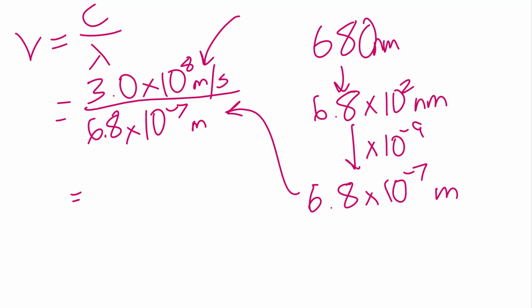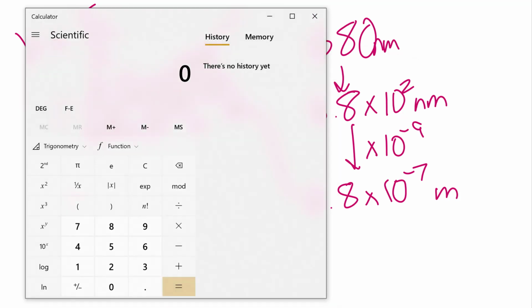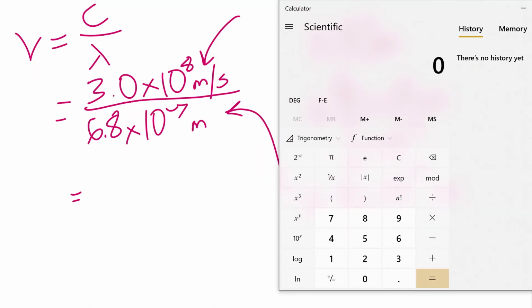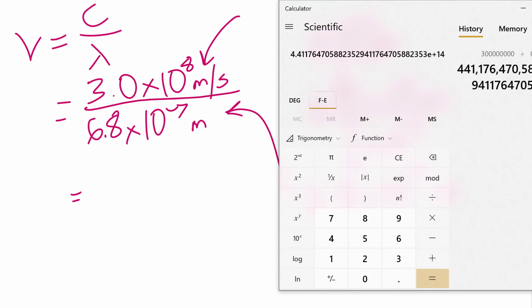And now we're going to do the calculation. So get my handy dandy calculator out. 3 times 10 to the 8th meters per second divided by 6.8 times 10 to the negative 7. And I'm going to turn that into scientific notation.